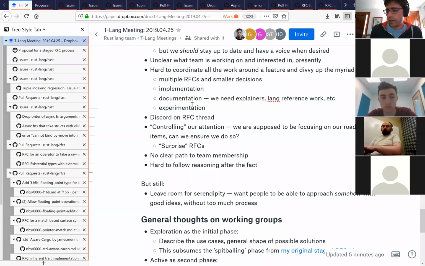We don't have explainers telling you how to use features most of the time. For a lot of features, we don't have documentation. The Rust reference may or may not get fully updated, and so on. I feel like those things are really part of the job and we should be doing them as we go, and we should be trying to do them together.